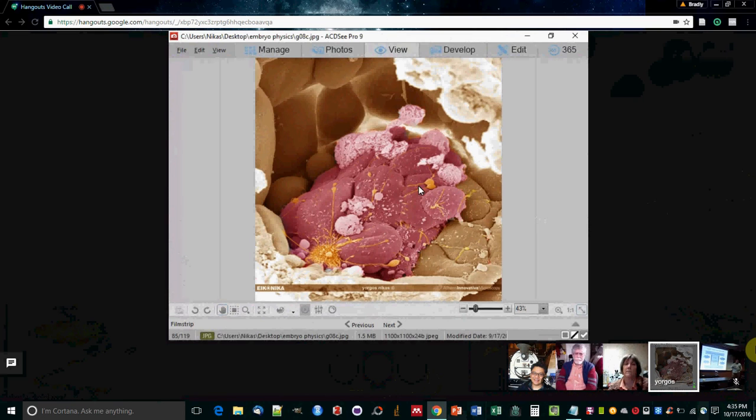So it seems that this mass communicates very strongly, and maybe this is the organizer, as we call it, that organizes the inner cell mass, that already from day 5 has some shape, maybe has up and down, left and right.